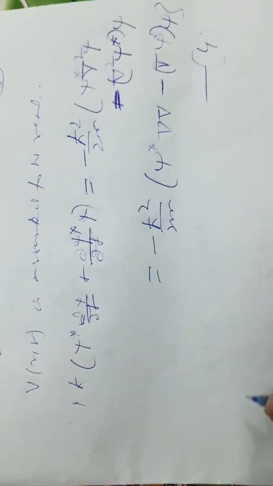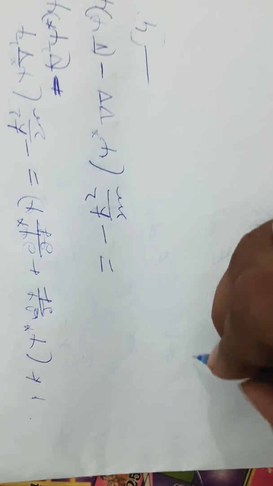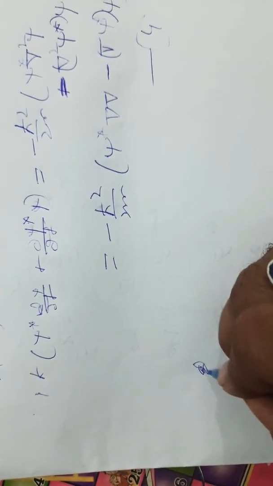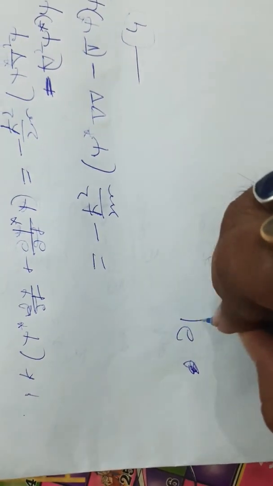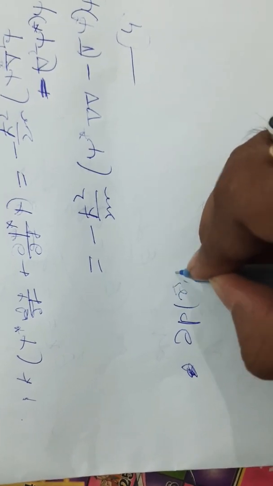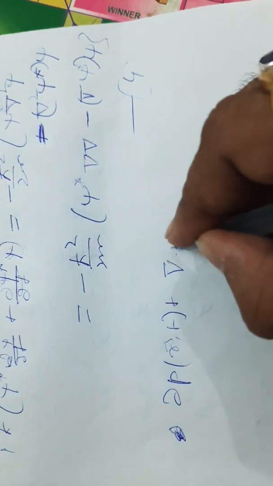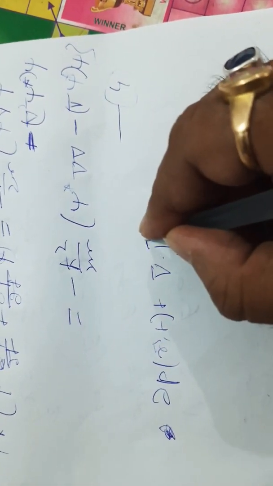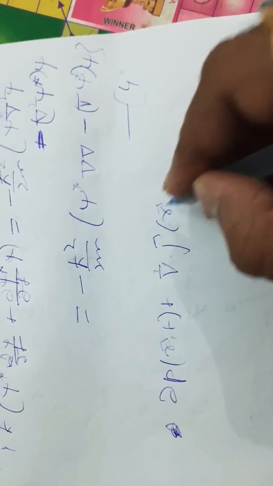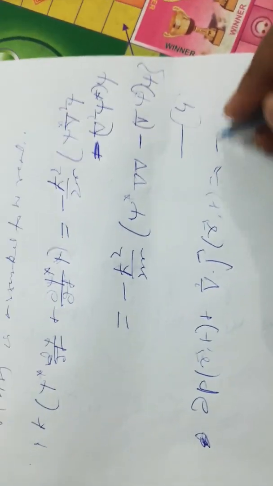Now using vector algebra, the above equation may be written as del rho of r comma t by del t plus del dot J of r comma t equal to 0. This is equation number 5.